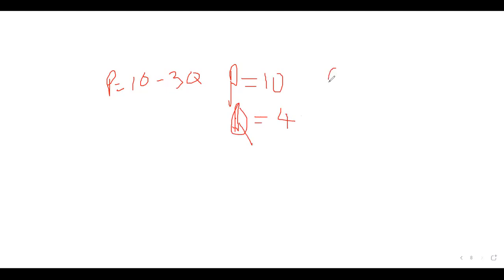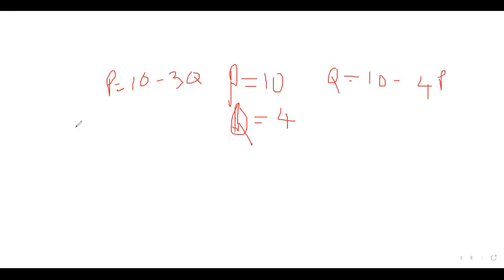So Mr. Tembo, if you have a function, for instance, P is equal to 10 minus 3Q, and the quantity that maximizes revenue here is 4, and also you're given a similar function, maybe 10 minus 4p.